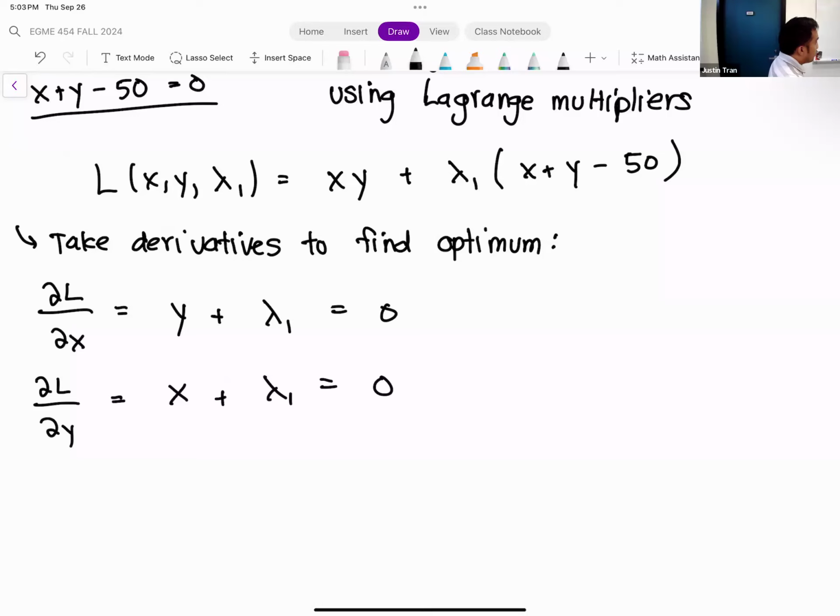Once again, we're going to get x plus lambda 1 is equal to 0. Okay, so pretty short here. Okay, and then for our new design variable, which is the Lagrange multiplier, let's take its derivative. Okay, so we have partial L, partial lambda 1. And so for this, we just end up with x plus y minus 50. That's equal to 0.